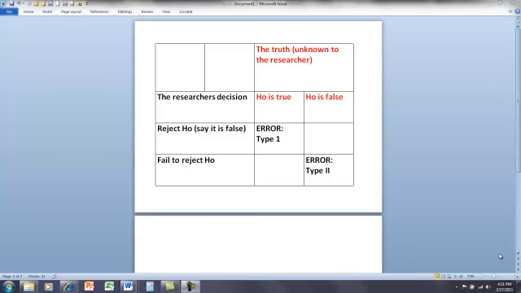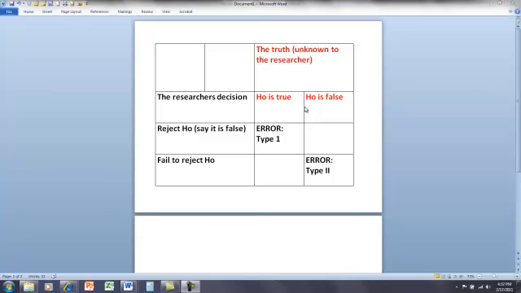So if you look at this table here, we have two columns that concern what is true. What might be true is that the null hypothesis is true, that there really is no difference between two populations. Or what might be true is that the null hypothesis is false, that there really is a difference between populations.